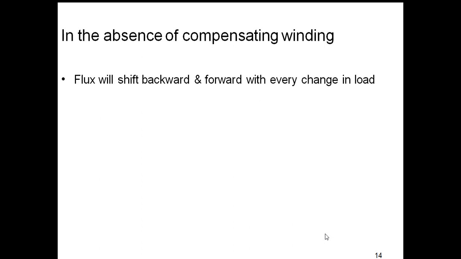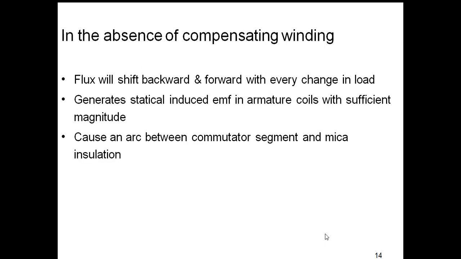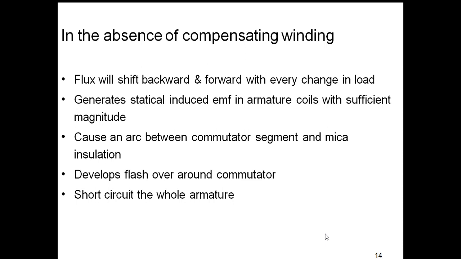In the absence of this compensating winding, the flux will shift backward and forward with every change in load and generates statically induced EMF in armature coils with sufficient magnitude, which causes an arc between commutator segment and mica insulation. This develops a flashover around the commutator, which short circuits the whole armature.